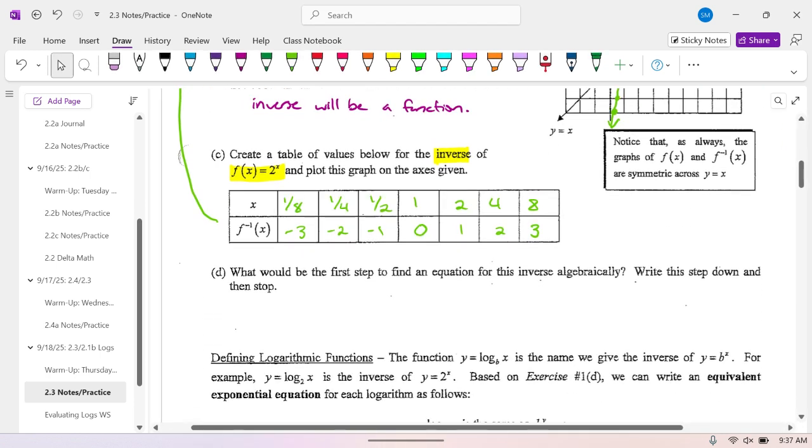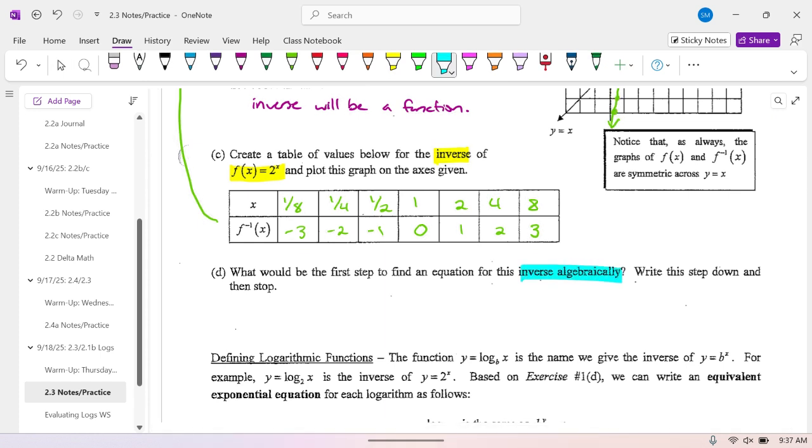All right. So if we were going to find the inverse algebraically, what would be our first step? Remember when we were finding inverse functions algebraically, what was always the first thing that we did? We changed the x to the y.